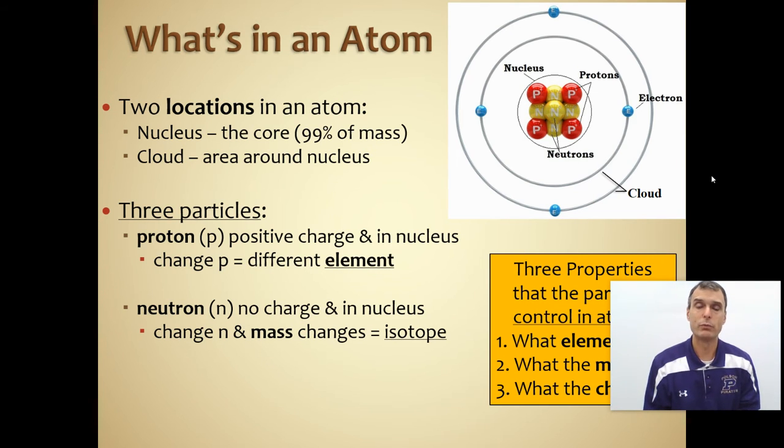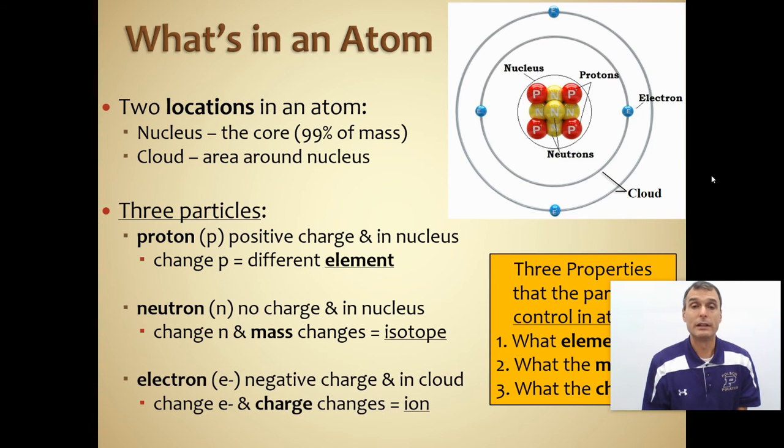So the mass of the atom will change if we have more or less neutrons. And this is called an isotope when we have the same thing like carbon-12 or carbon-13 or carbon-14. That's basically just telling us that there is a different number of neutrons in those atoms of carbon, and the mass is different.